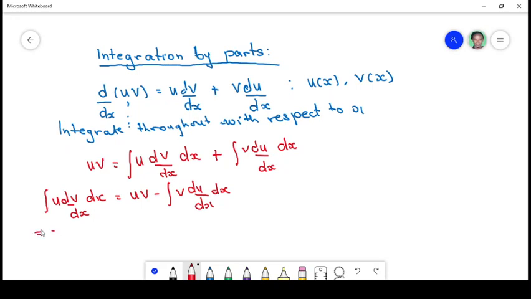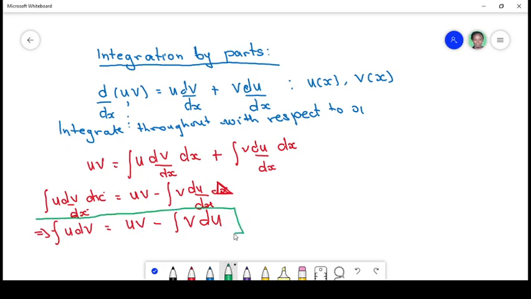So this is simply the integral of u dv equal to uv minus the integral of v du. Okay, so this is what we are looking at.